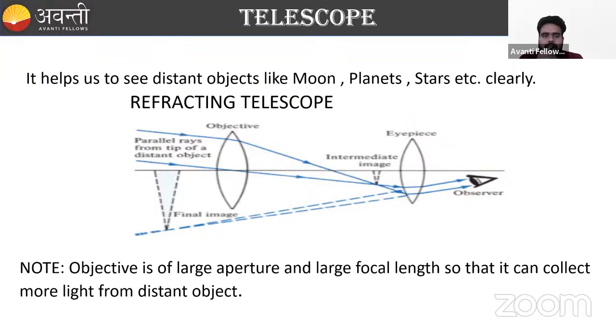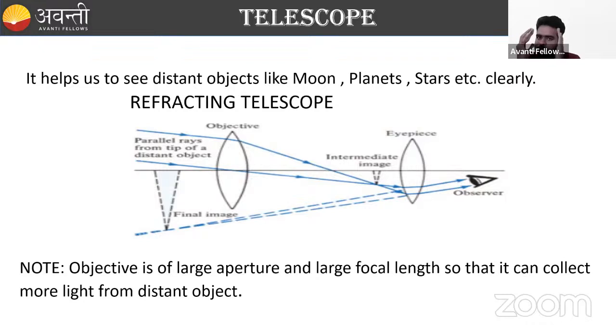The case of the telescope, guys. If we discuss what the telescope is, as I discussed at the start of the class, whenever we want to see the image of distant objects like planets and stars, what do we have to do? It is not possible to magnify by changing the size of the object.